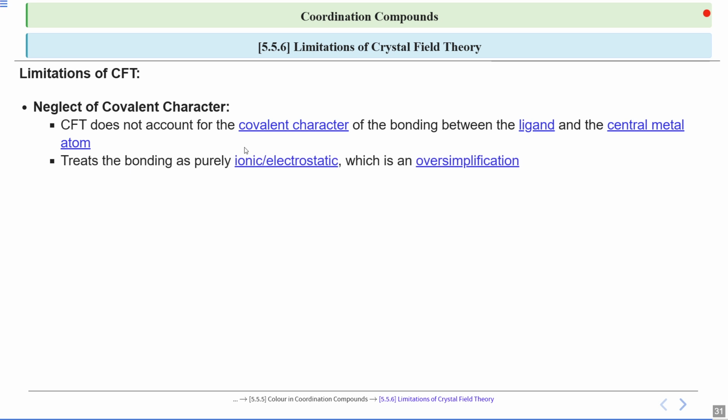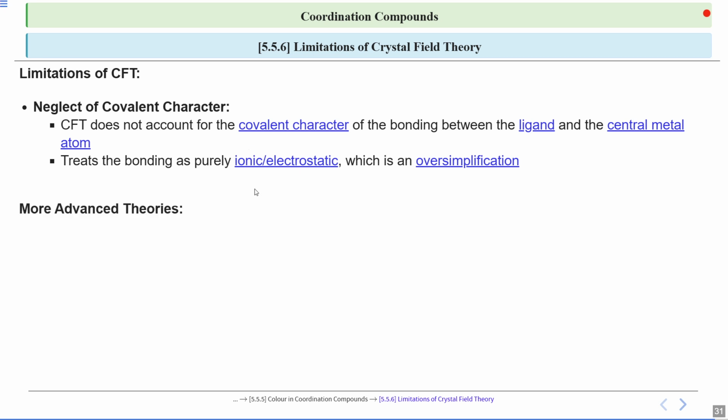It treats the bonding as purely ionic or electrostatic, which is an oversimplification. It just simplifies the bonding into only one term, that it is purely ionic or electrostatic. It doesn't account for any covalent character between the ligand and the central atom, and doesn't explain anything about that.